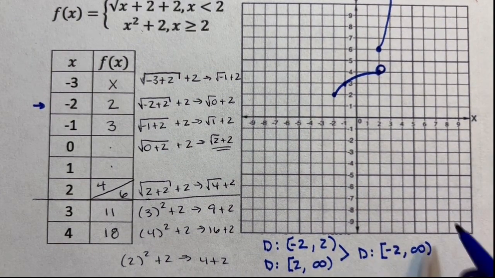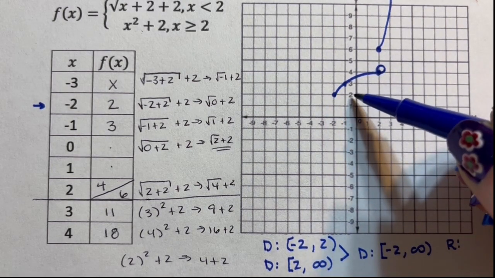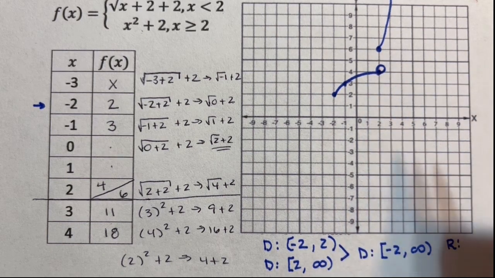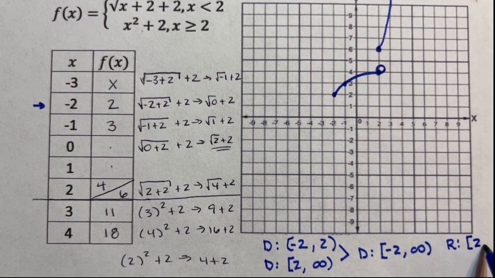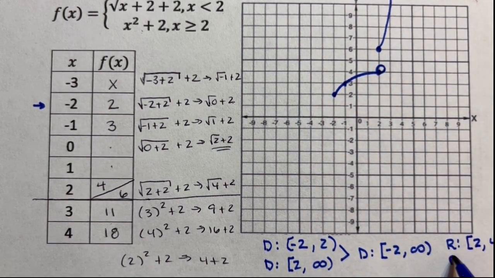As for the range, this part of the graph went from 2 to 4. And the range on this graph went from 6 to infinity.